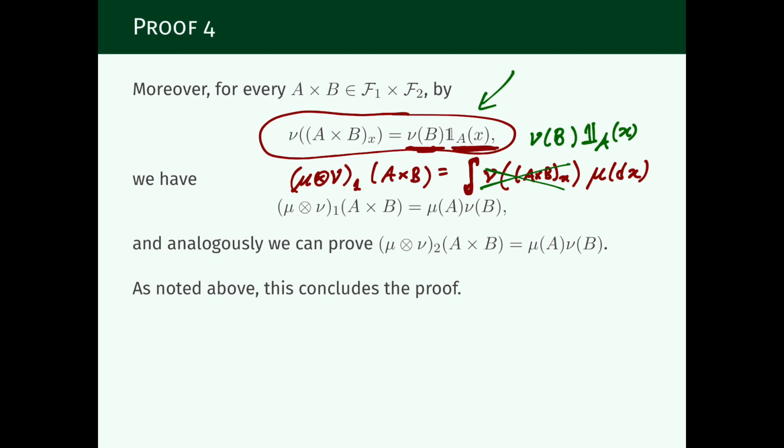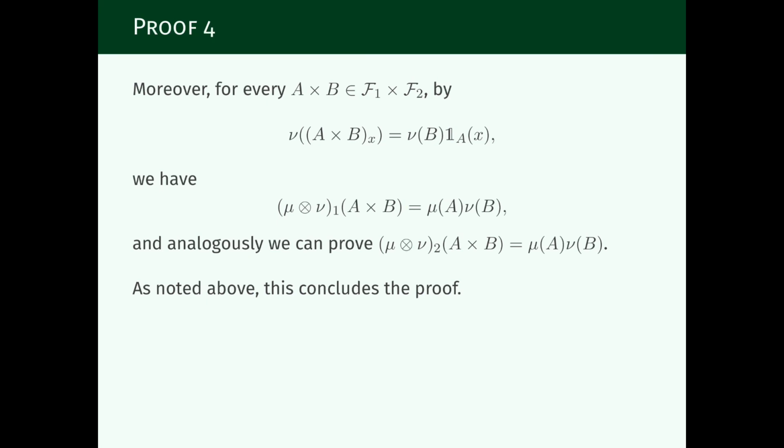Now, nu of B is just a constant, so we can integrate inside. And this is just mu of A. This integral is just mu of A. So we have proved that this function that we defined gives what we want once the set is a rectangle.